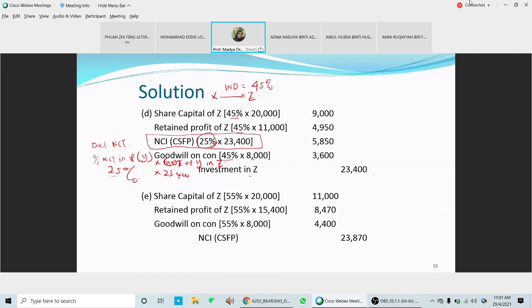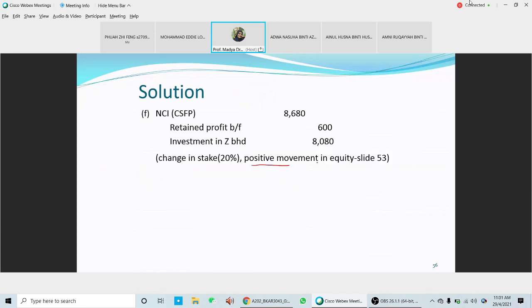And then the last journal entry that we have here is to record for a positive movement. For the positive movement, what you need to credit here is the investment in Z at cost or at carrying amount. So retained profit brought forward here is the positive movement, on the credit side. And then the investment inside here is at the consideration that was paid.